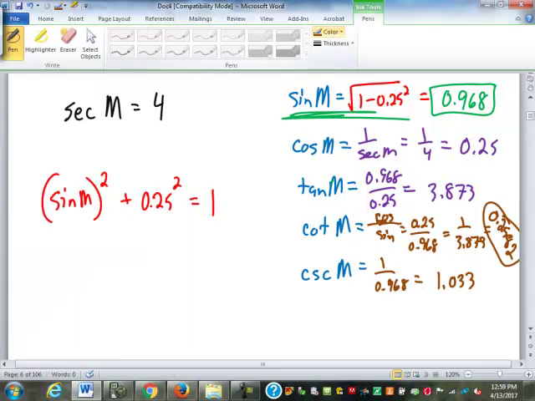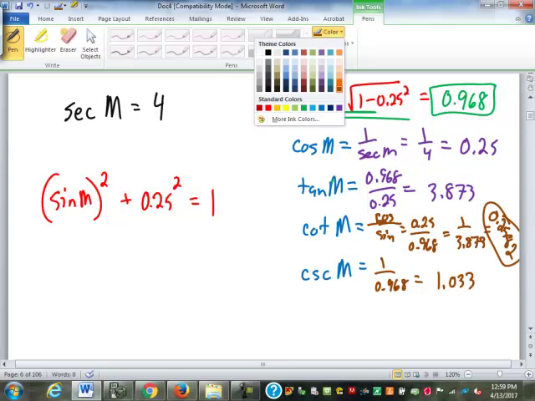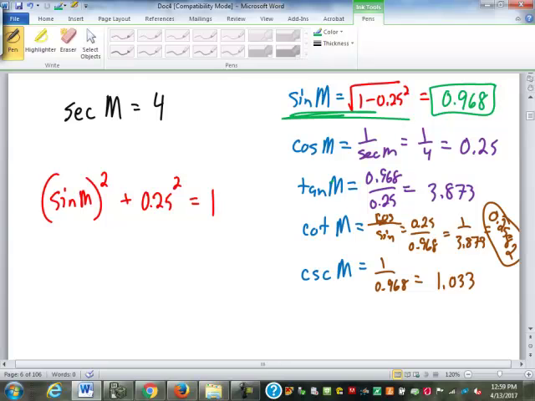Now, when we are looking at these, there are certain restrictions we must meet. For example, both sine and cosine must be what values? No more than 1. They actually must be between -1 and +1. Right? Because they can be negative, but they can't be less than -1, and they can't be more than +1.